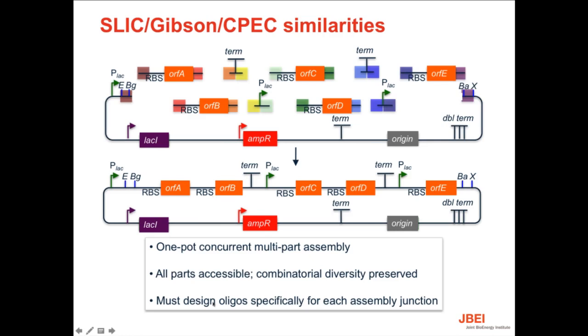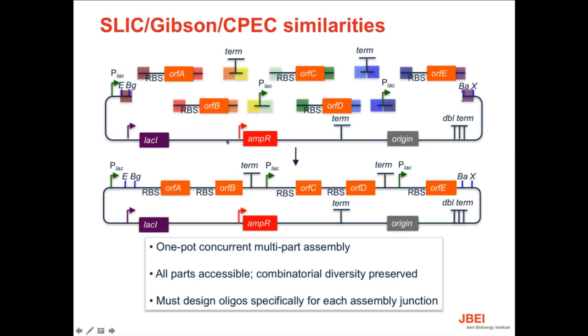Now, some of the challenges here are that you really do have to design all of the overlap sequences to make sure that you only get like junctions assembling with like. And in order to add on all of these flanking homology sequences, you might have to do that through DNA oligos and PCR, or by ordering a synthetic DNA fragment that already has these flanking sequences.